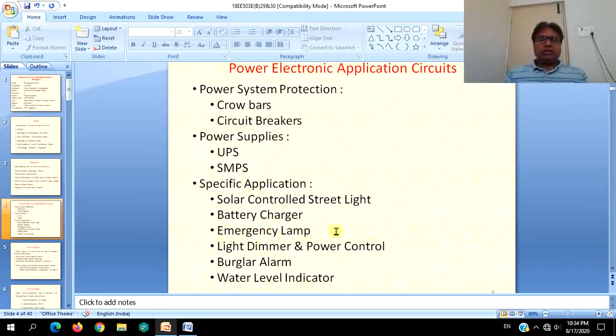In these applications, we will be mainly discussing emergency lamp, light dimmer and power control and burglar alarm circuits in the syllabus. The most commonly used application is the battery charger. Knowingly or unknowingly, in our daily life we use battery chargers, be it for automobiles, mobile phones, laptops or anything. Likewise, these are the power electronic application circuits which we have to design to suit the application specifically.